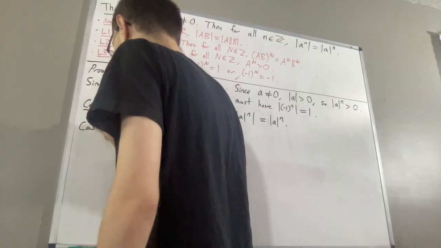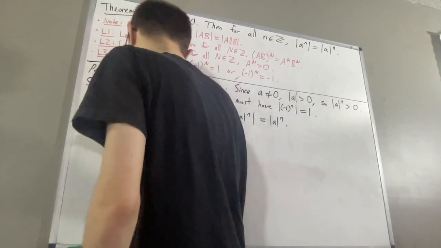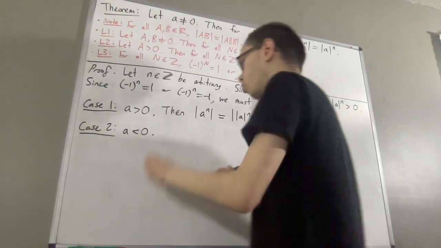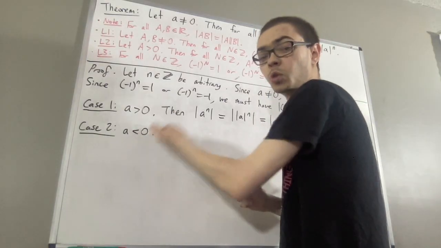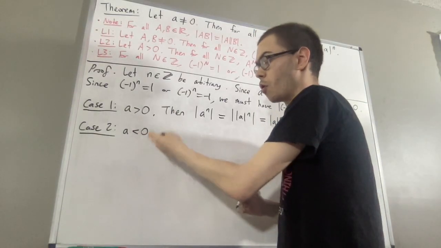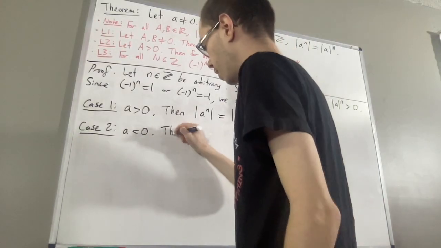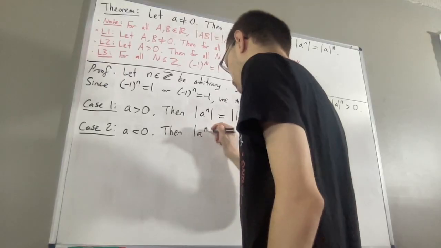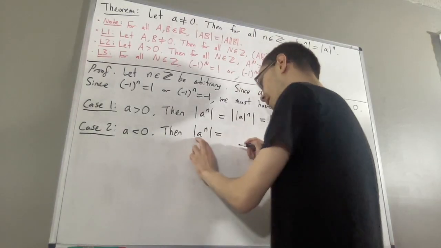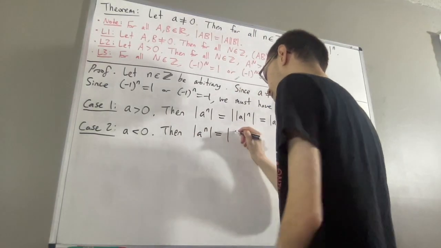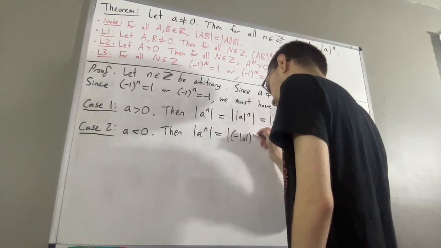Now let's consider the case a is less than 0. Well then, the absolute value of a is equal to negative a in this case. Or in other words, a is the negative of the absolute value of a. So what we can do here is rewrite this quantity, take the base, and replace it with negative absolute value of a.